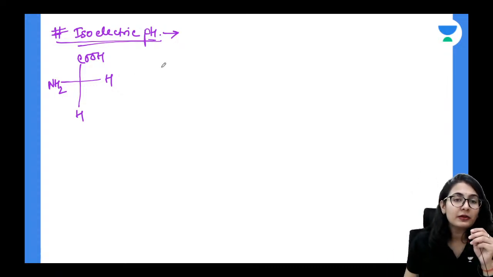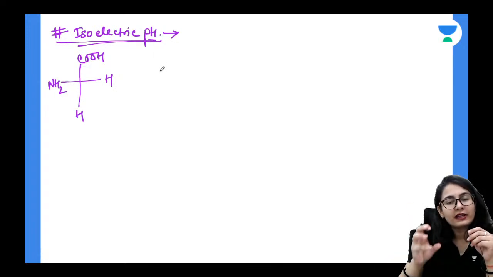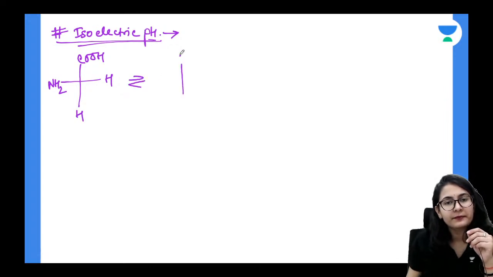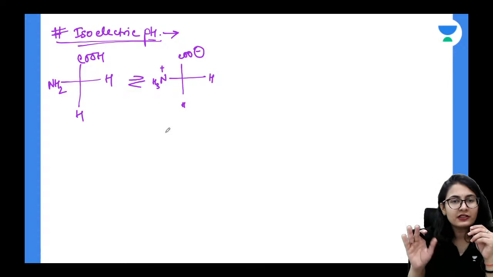Now, isoelectric pH is where both the units are going to be charged. मतलब you are going to get a Zwitter ion. Yes, either you get this, मतलब कि the total charge is neutralized.